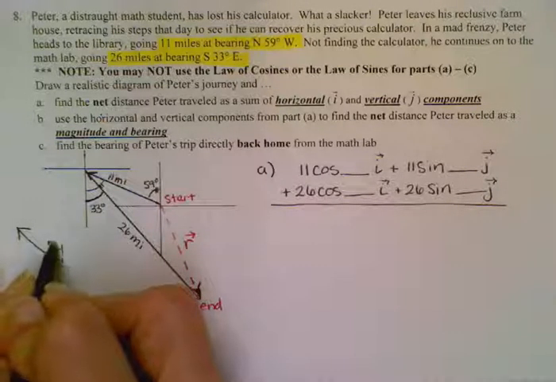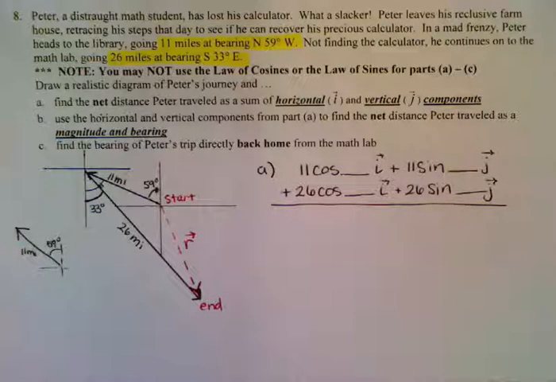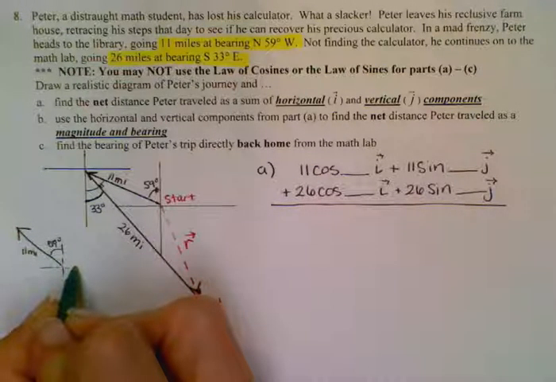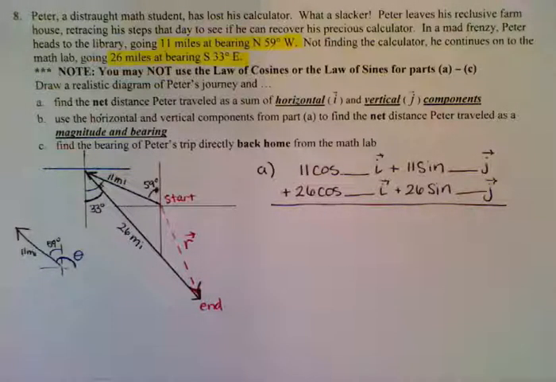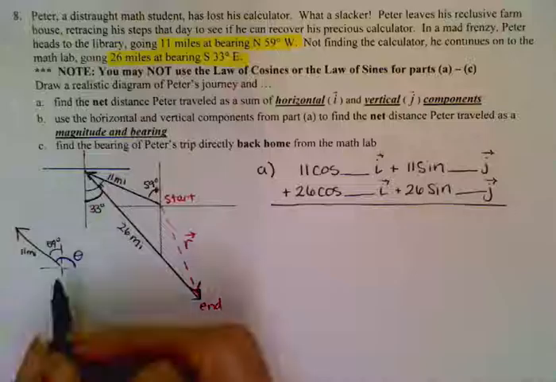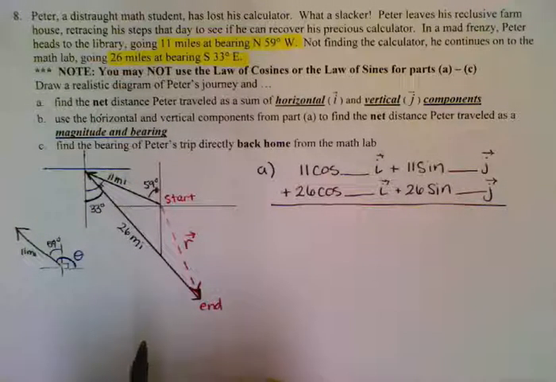Here's 59 degrees. Its standard position has to start from the positive x-axis. There's its theta. So its theta is really going to be 90 plus 59.